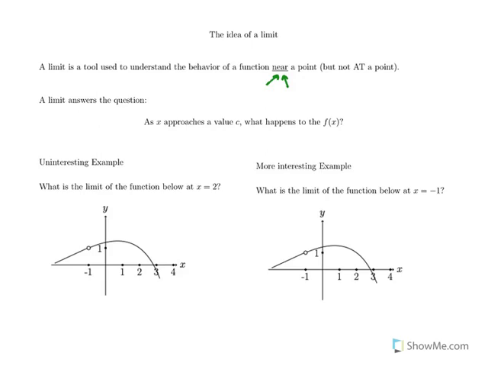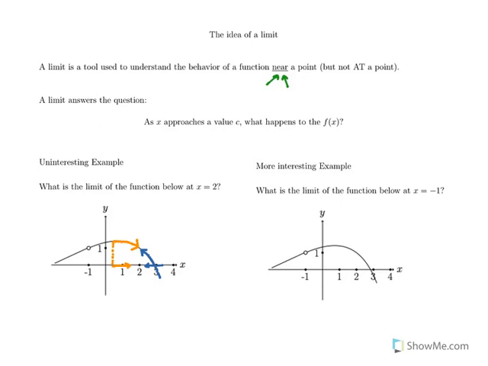So what we mean is, as we approach the x value 2 on both sides, and we look at the corresponding function values, and we're seeing what happens to those as we get closer and closer to 2.